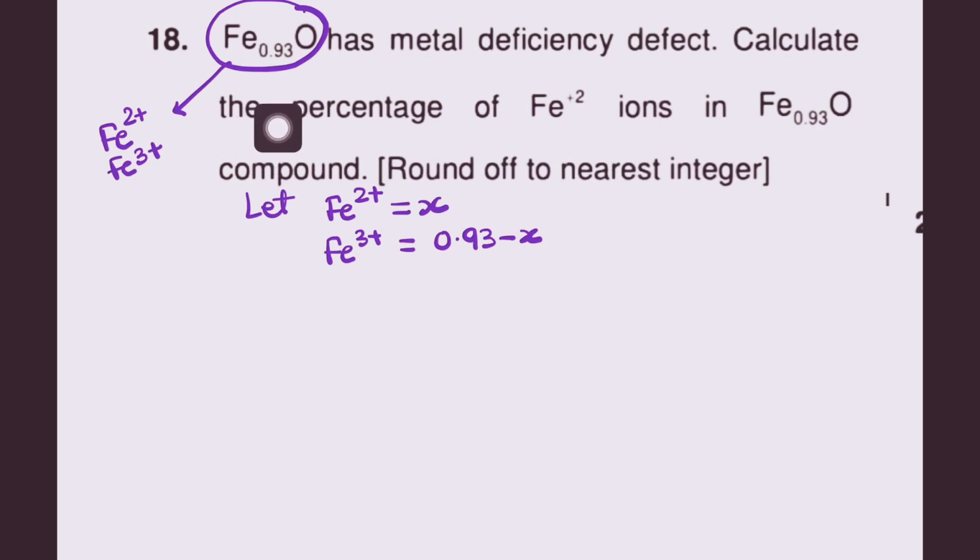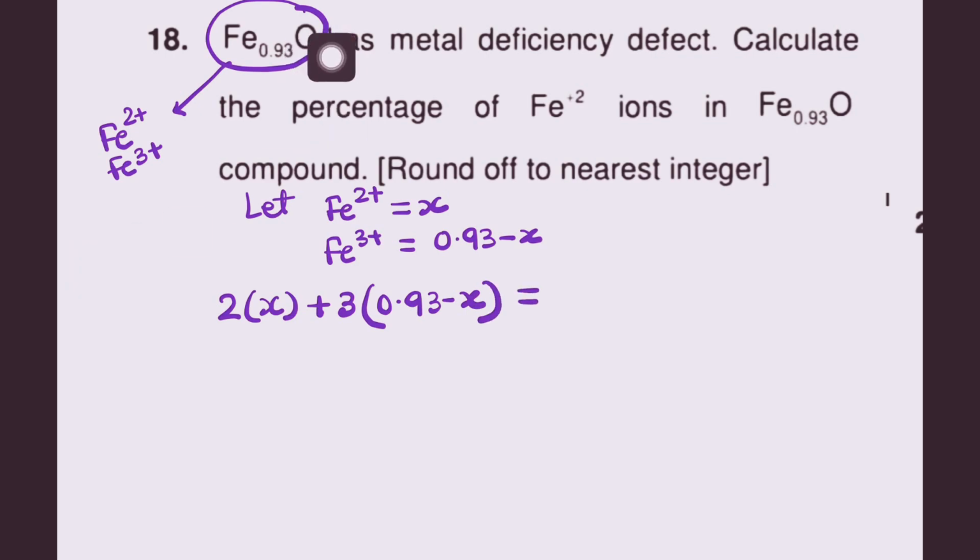Now to find their corresponding amounts, we need to balance the charge. So now let's do the charge balance. The total positive charge is 2 into x because iron 2 plus is x in number. Now the total positive charge due to iron 3 plus is 3 into (0.93 minus x). That will be equal to the total negative charge, that is 2. So we can just write 2 and we have to just solve it.